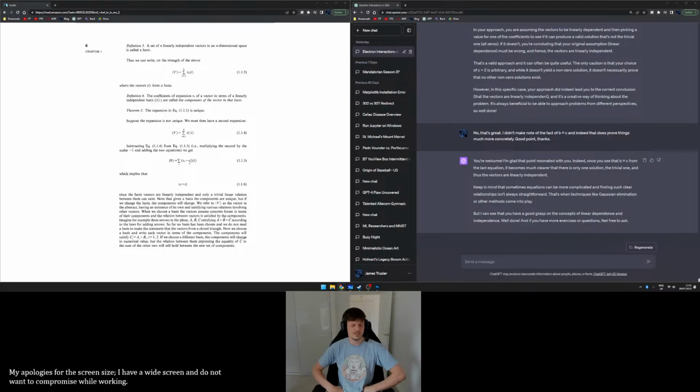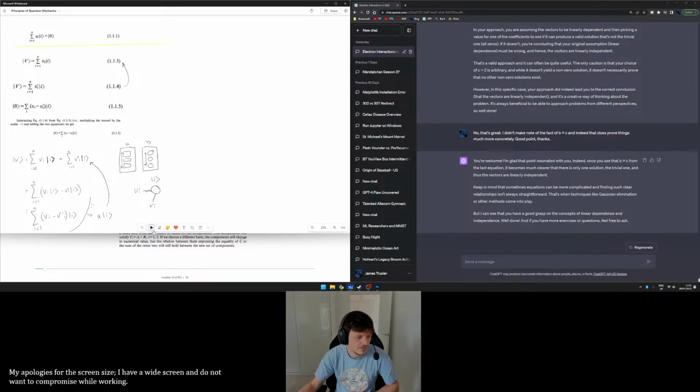Imagine, for example, three arrows in the plane. So let's do this. Let's imagine this. So I need to move my screen along. Got my bottom dot there. Okay.